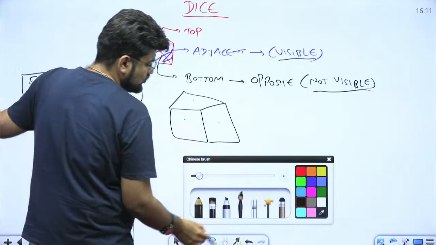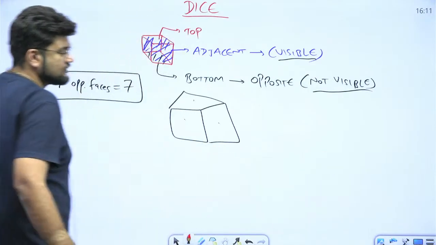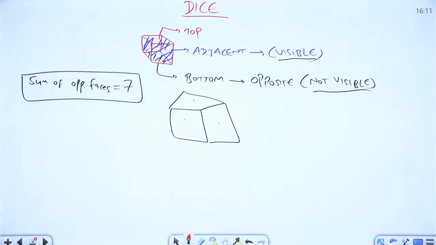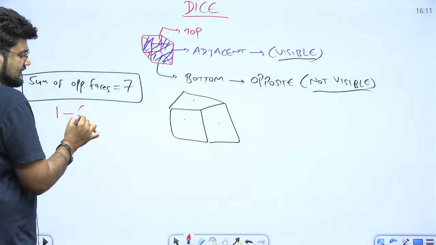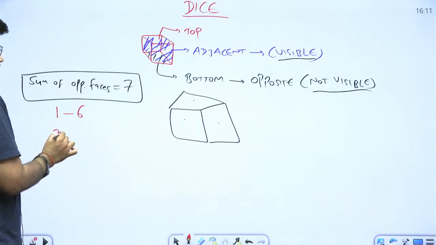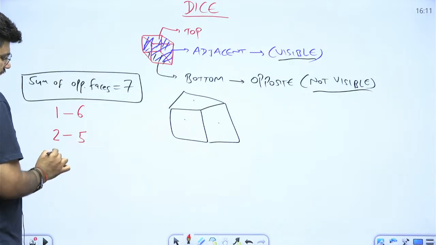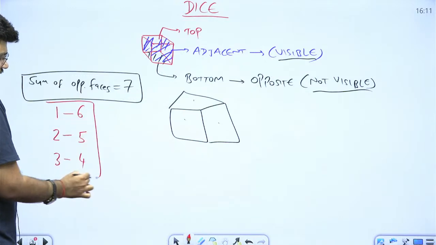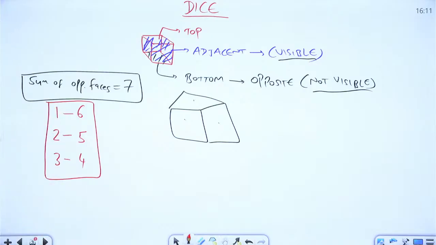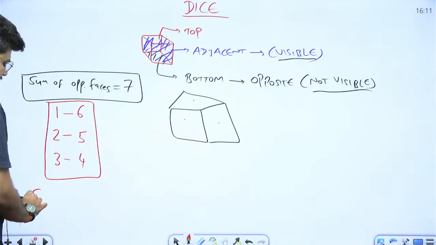In the dice which you used to play, the sum of opposite faces was always 7. So if I start with 1, the other one will be 6. If I start with 2, the other one will be 5. And if I start with 3, the other one will be 4, and vice versa. This dice, the playing dice, is also known as standard dice.